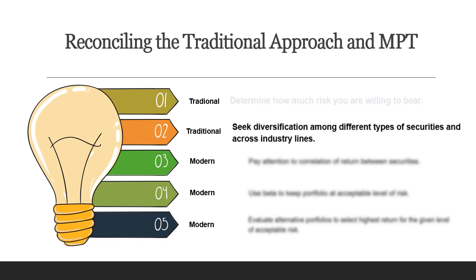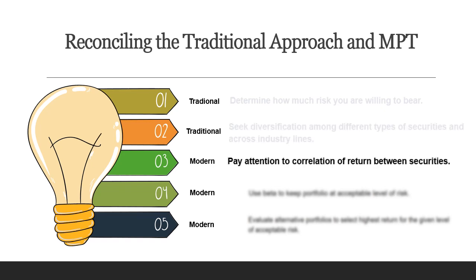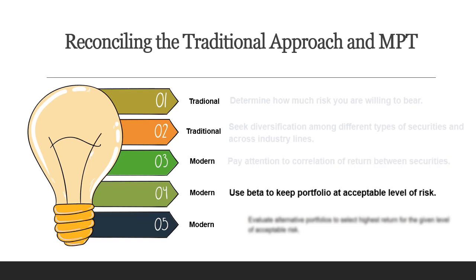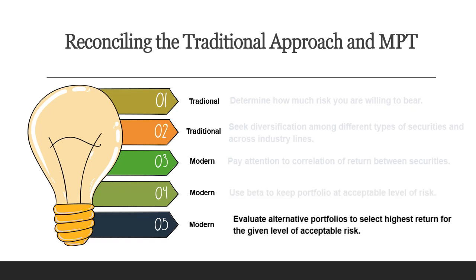Number two, seek diversification between different types of securities and industry lines. Then, you also need to pay attention to correlation of return between securities selected. Next, use beta to keep your portfolio at an acceptable level of risk. And finally, evaluate alternative portfolios to select the highest return for the given level of acceptable risk.